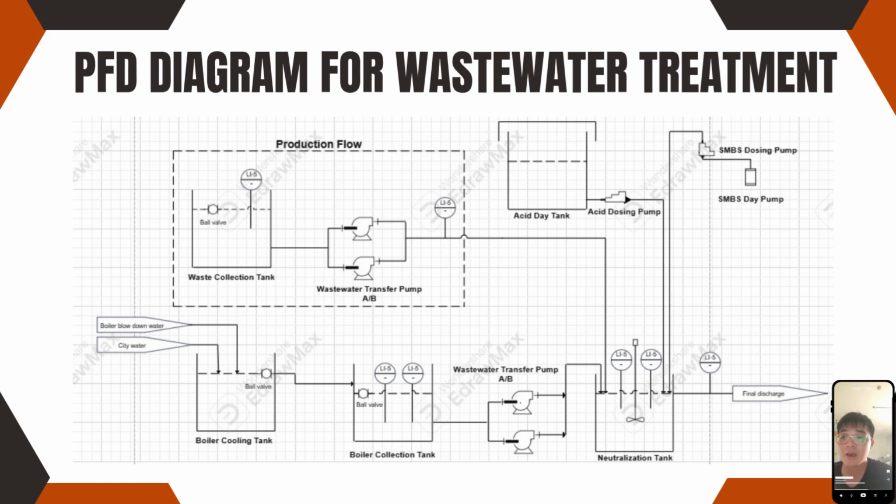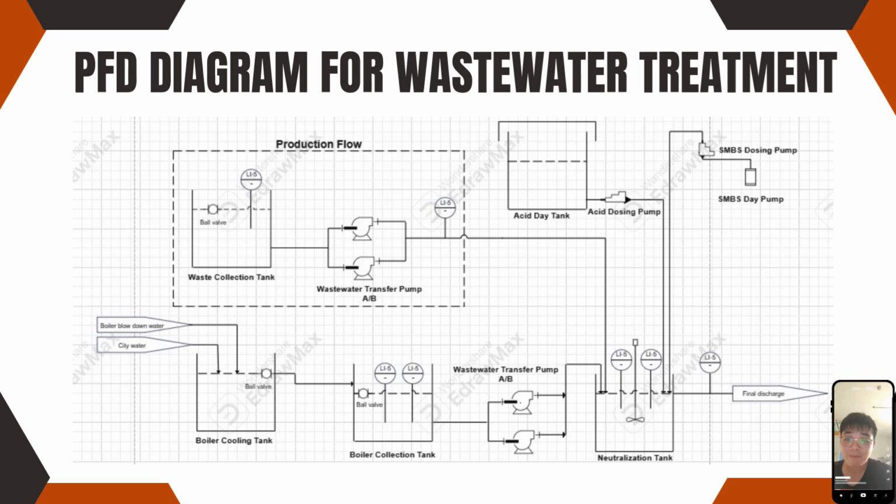At the same time, boiler blowdown water and city water are sent to a boiler cooling tank and flow to a boiler collection tank where wastewater is accumulated and will be pumped using another set of transfer pumps A/B. All wastewater streams are directed into the neutralization tank.